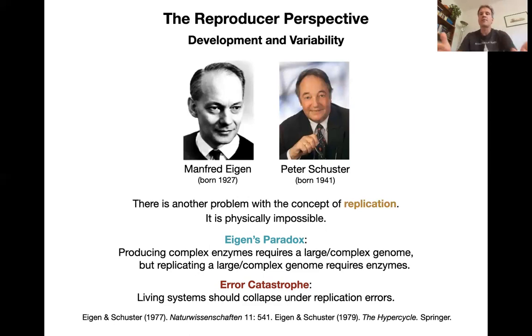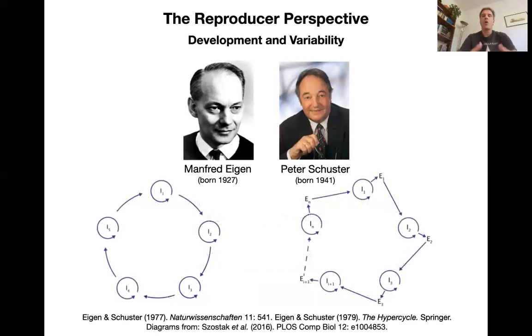So how do you get this error correcting mechanism? It will be mainly the topic of the next lecture to look at the details of how you get that, and the requirements you need for that. But right now, it suffices to say that you need some sort of self-organizing process, of course. Eigen and Schuster actually suggested a minimalist model for such a process, which they called the hypercycle.